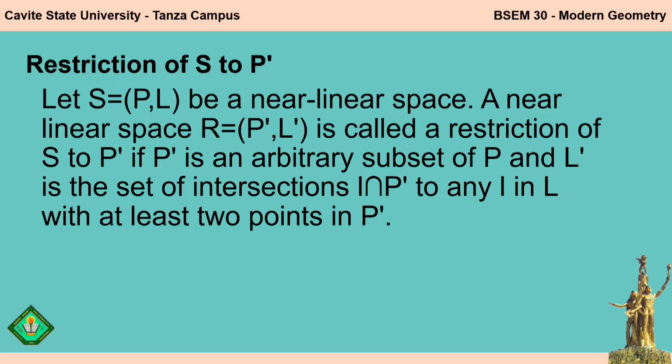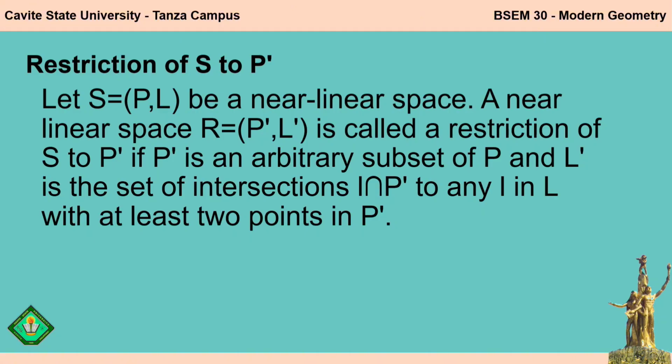Now, we have here the restriction of S to P prime. Let S be the set of points and lines, a near linear space. A near linear space R equal to P prime, L prime is called a restriction of S to P prime if P prime is an arbitrary subset of P and L prime is the set of intersections L intersection P prime for any L in L with at least 2 points in P prime.